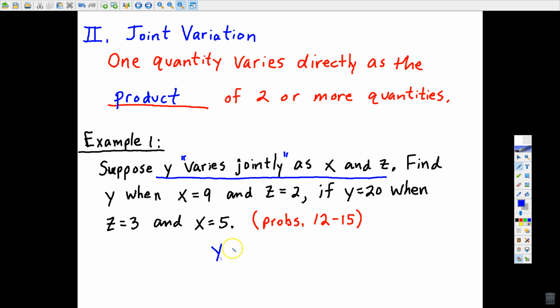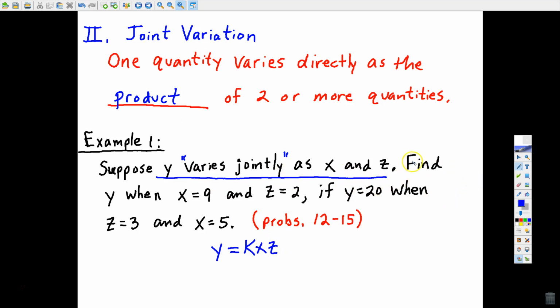Y varies jointly as x and z. Well, we're always multiplying by k when we vary jointly, and this time we're going to be multiplying k by these 2 different variables, x and z. So you see it's very similar to what we did before. It's just that now we're multiplying by 2 variables instead of just 1.